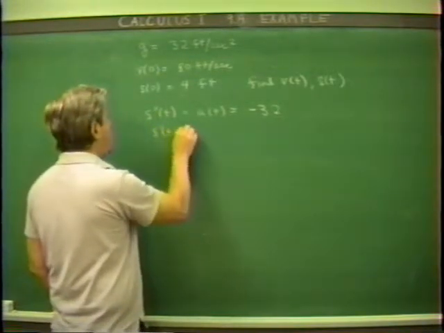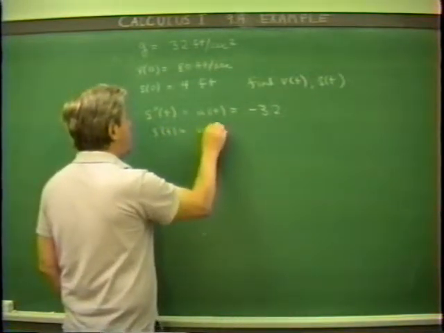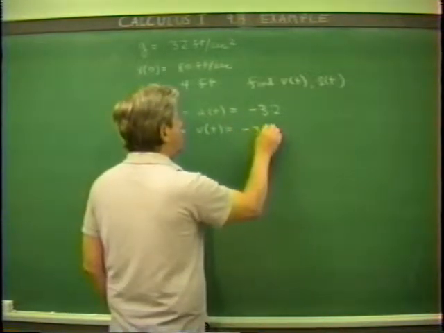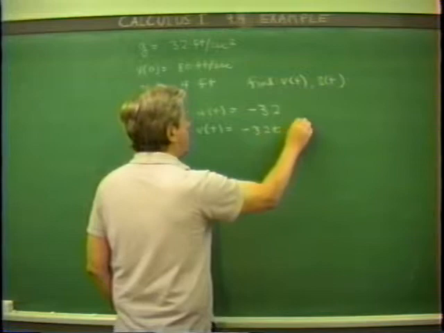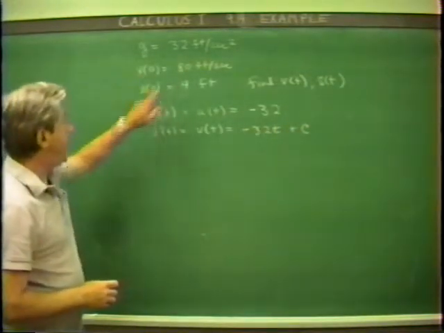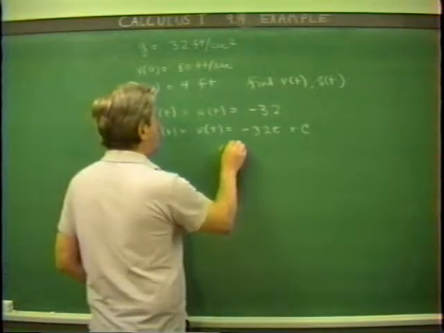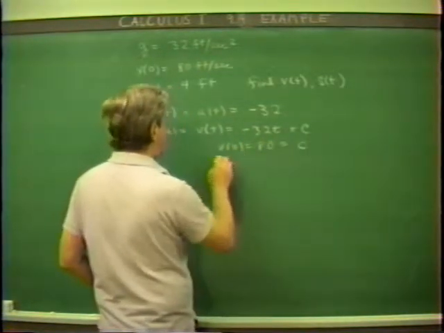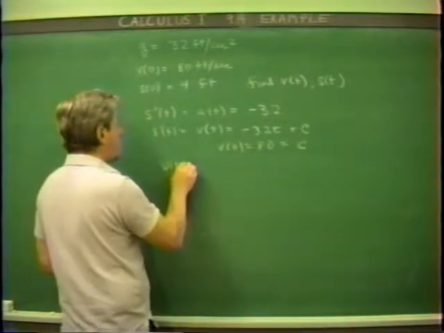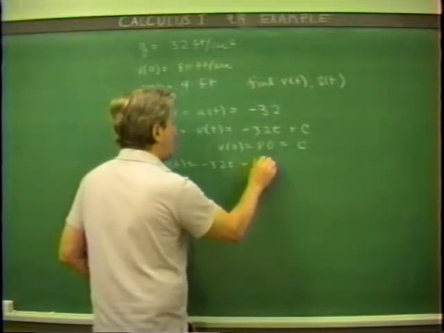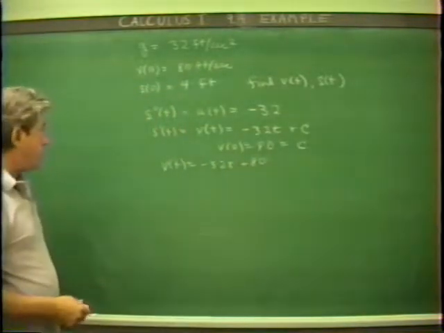So consequently, S prime of t, or V of t, is going to be an antiderivative of this with respect to t: minus 32t plus a constant. But now, since we know V of 0 is 80, that means C is 80, so that V of t is equal to minus 32t plus 80.